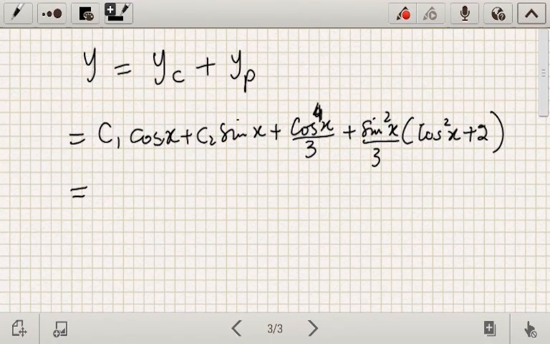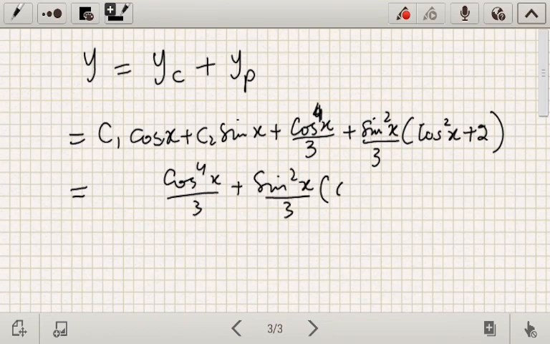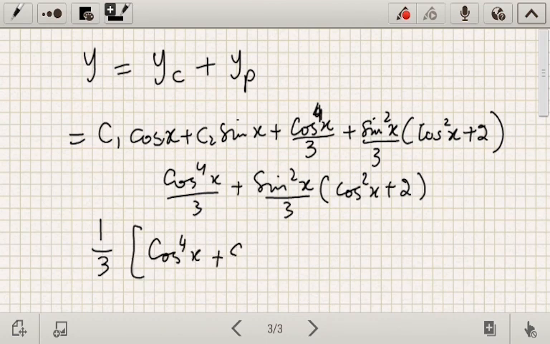So what I'm going to do is simply take cos 4x divided by 3 plus sin square x divided by 3 into cos square x plus 2. I'm going to simplify this further by first taking common 1 over 3, and what happens here is that once we do that, we get cos to the power 4x plus sin square x into cos square x plus 2.